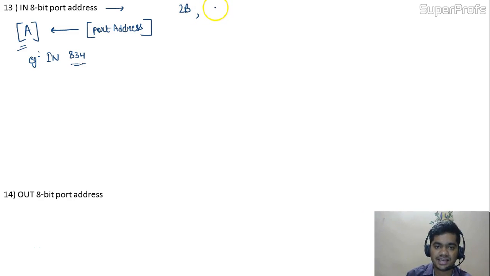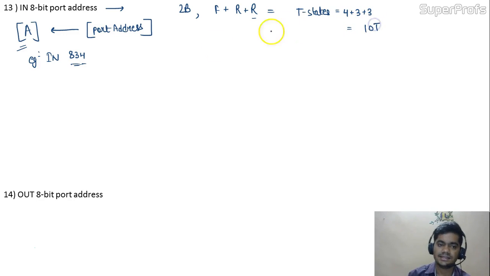The machine cycles performed would be, first fetch, second the access of this data, that is read, and then the data present at this port address would be transferred to the accumulator. So the next operation is also a read operation. Okay, so the total machine cycles are 3, and the T states would be 4 plus 3 plus 3, that is 10 T states.